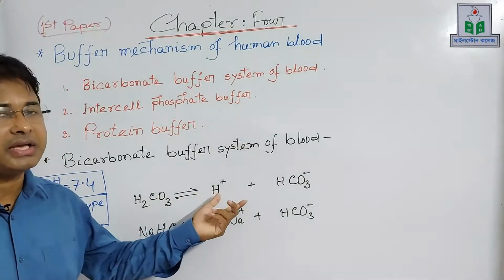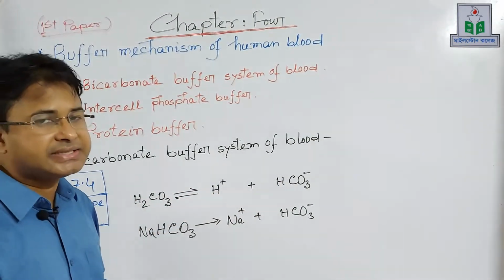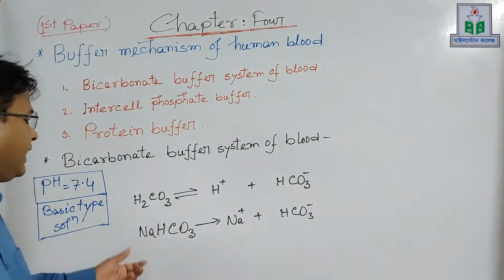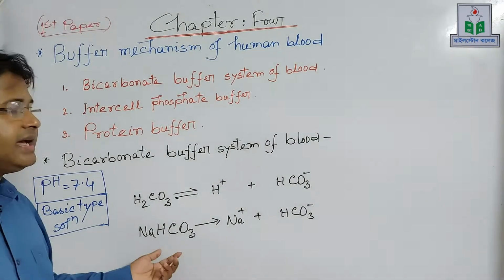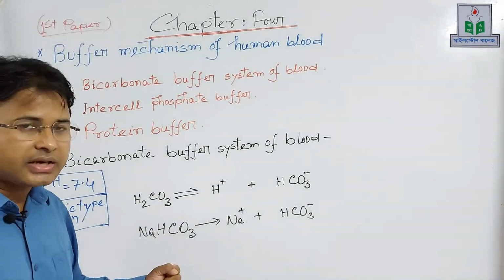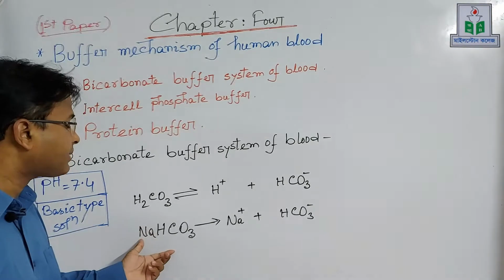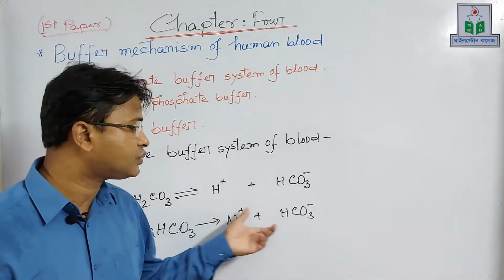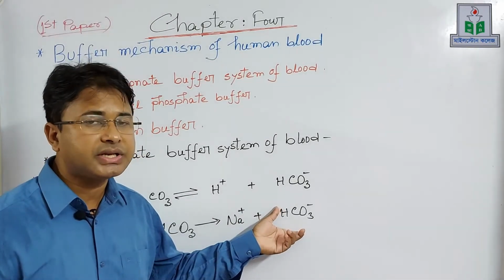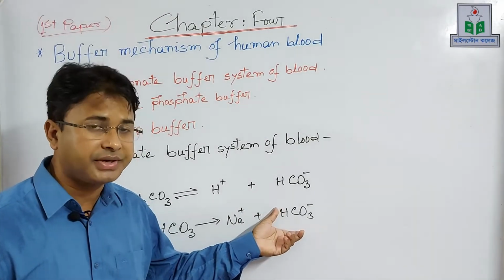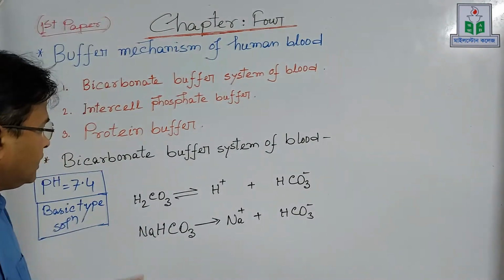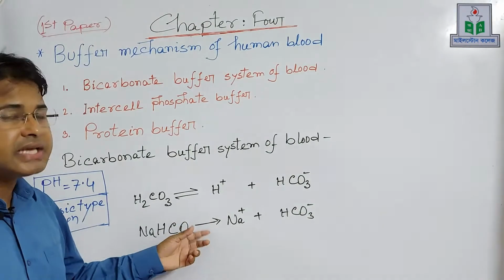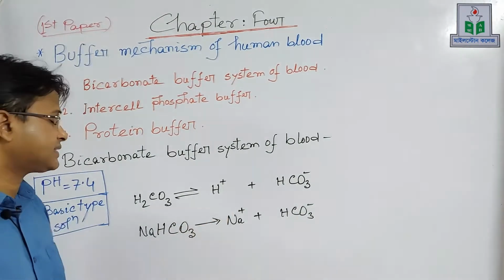This ionization process exists at a chemical equilibrium, and sodium bicarbonate, as it is a strong electrolytic substance, breaks to produce a huge amount of sodium ion and hydrogen carbonate or bicarbonate ion. That's why the reaction is shown as a one-way reaction.